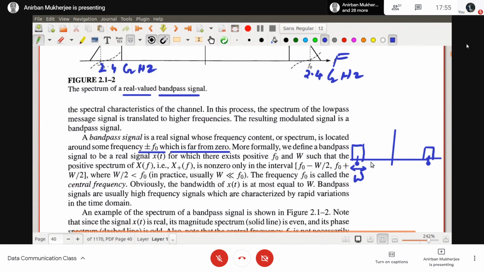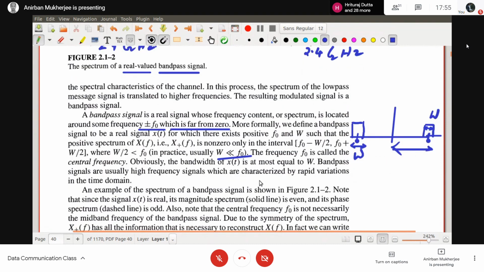Generally this W is much less than F0. This F0 is called the central frequency and W is called the bandwidth.